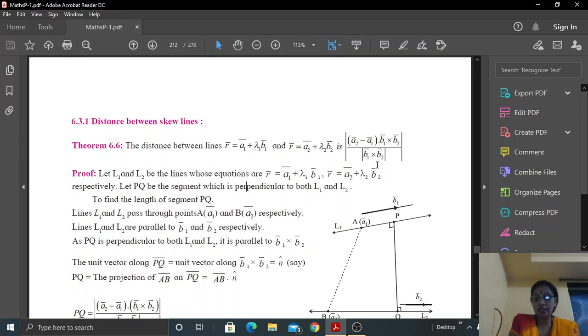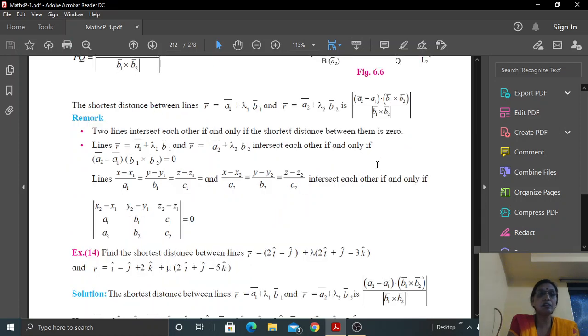Before going to examples, let us see the remarks. Remark first: two lines intersect each other if and only if the shortest distance between them is 0.